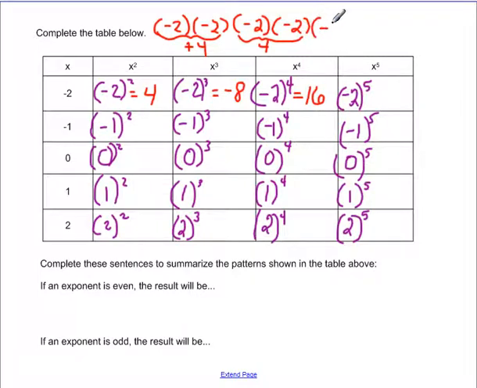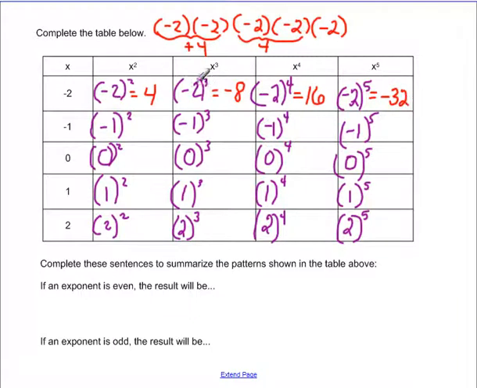If we throw on another negative 2, now what have we got? These two negatives give me a positive, and these two negatives multiply to give me a positive. But then I've got one more negative thrown on there. So that odd number of negatives takes me back to negative again. And when I take what I already had, which was 16, and multiply in another 2, that's going to give me negative 32.